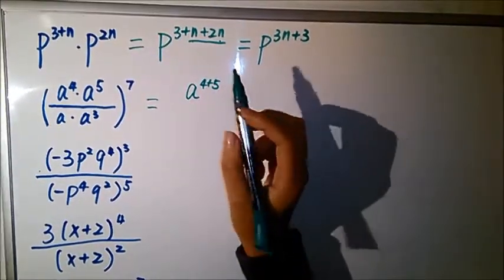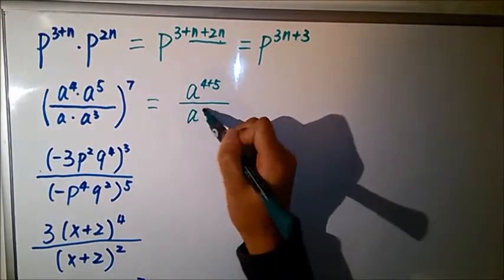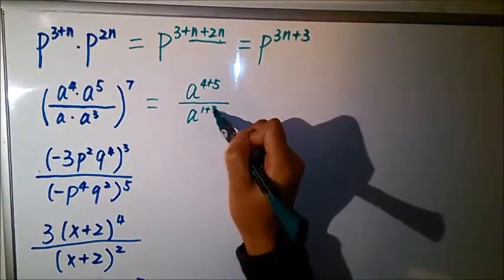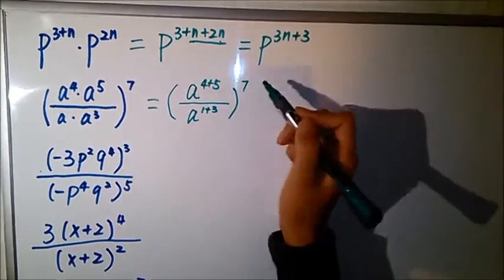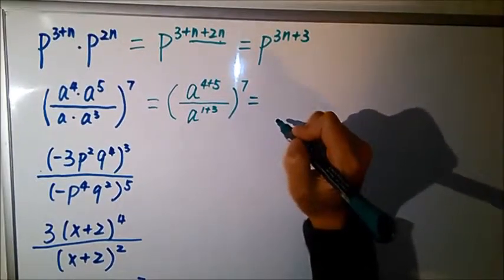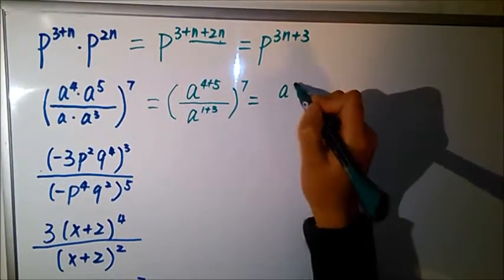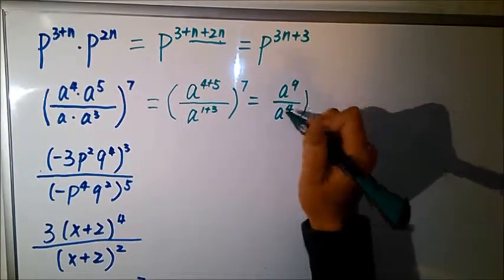Okay, and if we look at the denominator, it's going to be a to the power of 1 plus 3, right? All of that is raised to the power of 7. Good. Let's simplify a to the power of 4 plus 5. That will become a to the power of 9. And the denominator will be a to the power of 4.